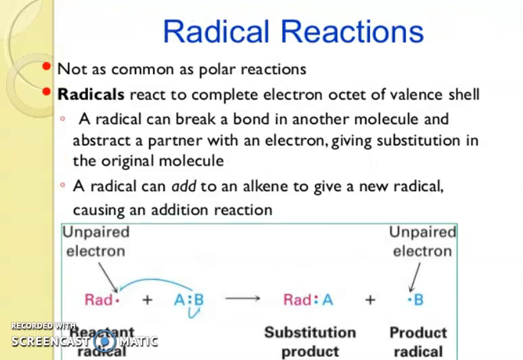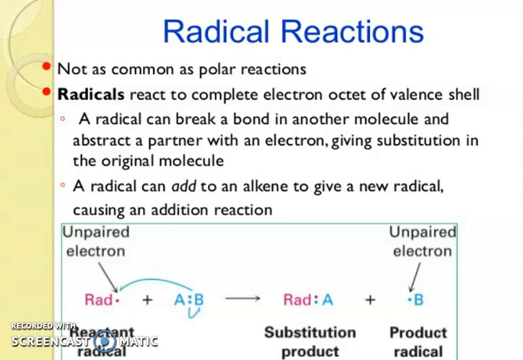Radical reactions are not as common as polar reactions. Radicals react to complete the electron octet of the valence shell. A radical can break a bond in another molecule and abstract an atom with its electron, giving substitution in the original molecule.